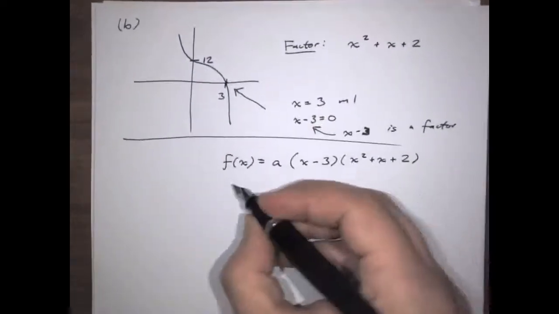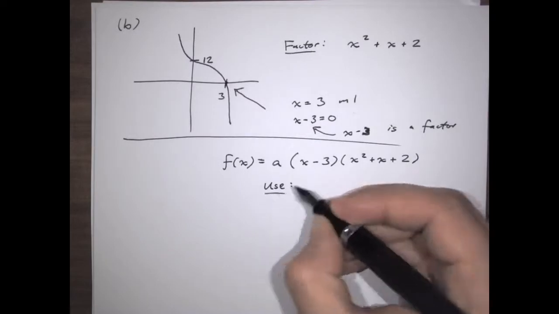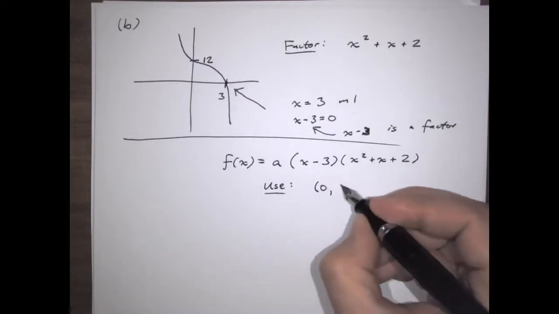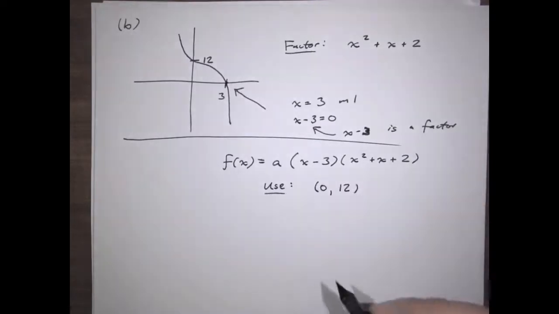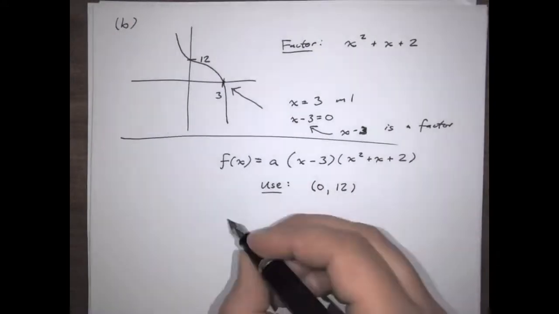Now here we're going to be using again the y-intercept, which is 0, 12. Use the y-intercept whenever it's available, because for one thing it's the easiest point typically to read off, and for another thing it is a point where the x's are all 0, so that makes it easy to plug in.